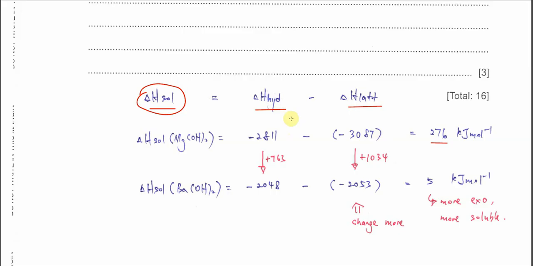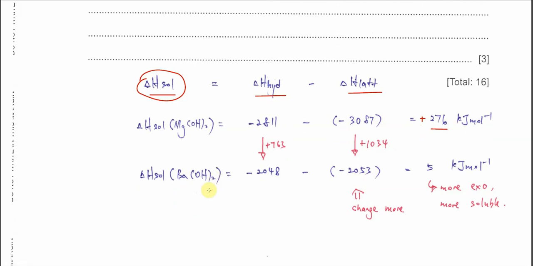So it's positive. For barium hydroxide, the hydration enthalpy is negative 2048 and the lattice energy is negative 2053. If you combine this, you get 5. So it's still positive, but the delta H solution for magnesium hydroxide is more endo than barium hydroxide. Barium hydroxide is more exo, so it is more soluble.